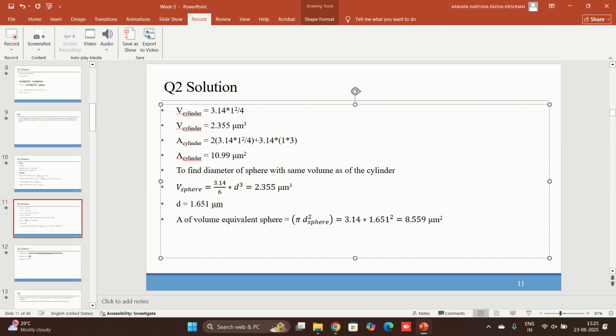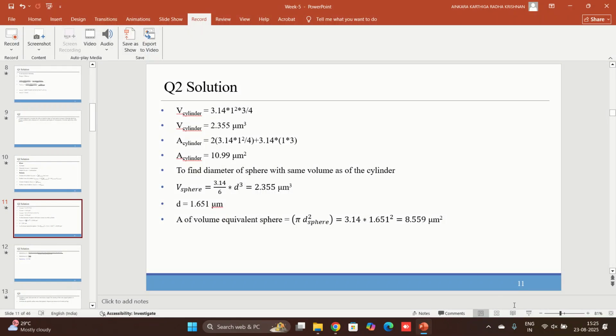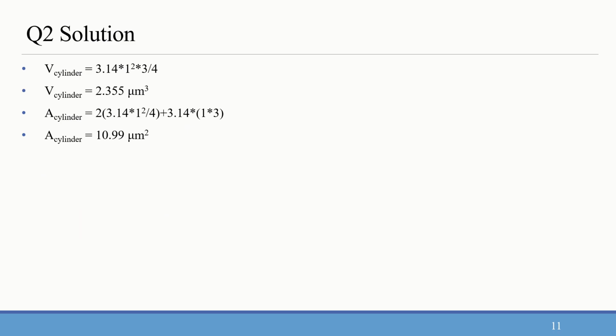Here d is 1, squared, times h. After substitution, and since we haven't changed any of the units, we are getting 2.355 micrometer cube.